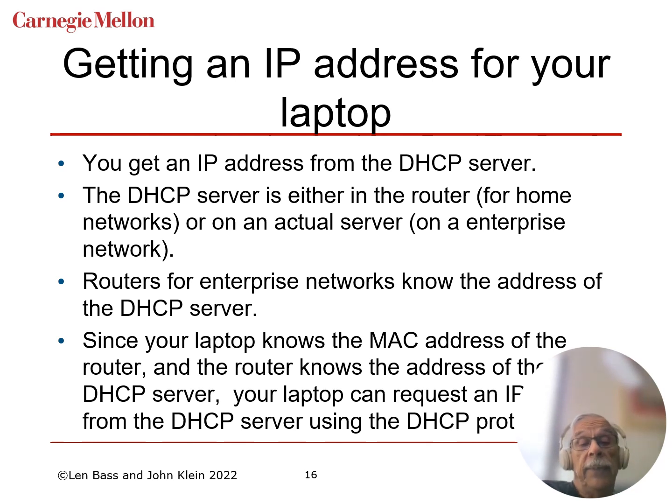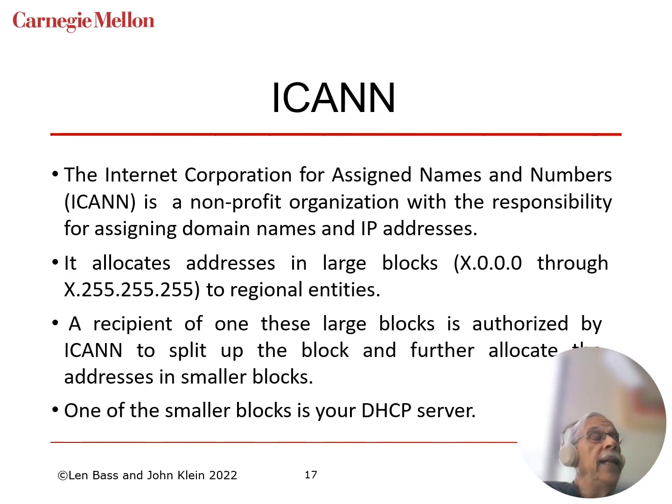So the laptop knows the MAC address of the router, and then the router knows the address of the DHCP server. Then your laptop can request an IP address from the DHCP server using the DHCP protocol. So your laptop broadcasts a message, and it goes to the DHCP server, which has a collection of IP addresses, and it allocates one to your laptop.